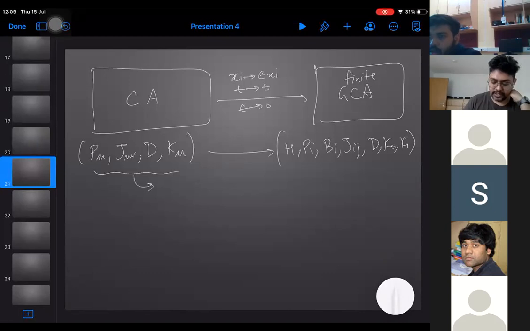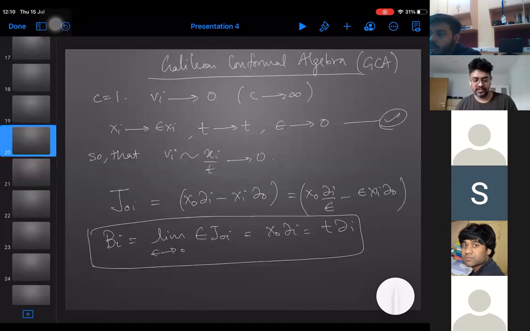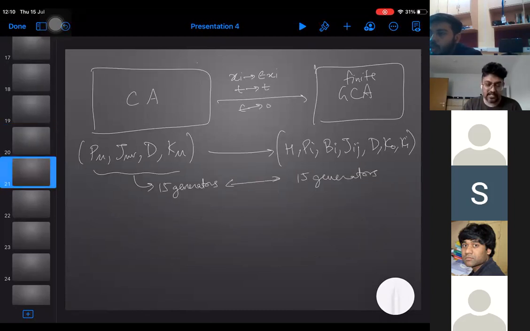So what you see in 4 dimensions, for example, is that you have 15 generators. If you take this limit, you also have 15 generators over here. So the number of generators is the same, but the form changes, as you can see from above, even in this expression. And this form changes because you are going from the Lorentzian background to the Galilean background.